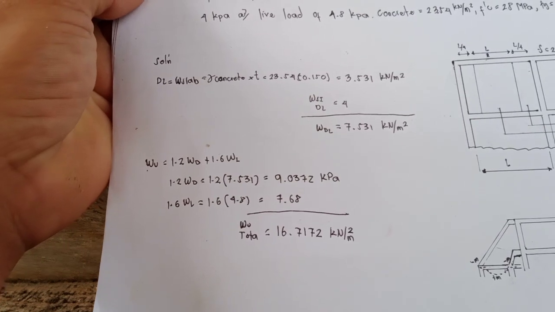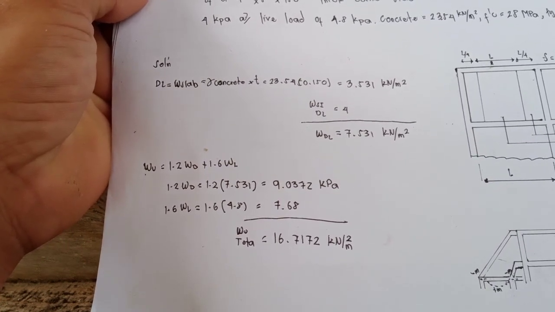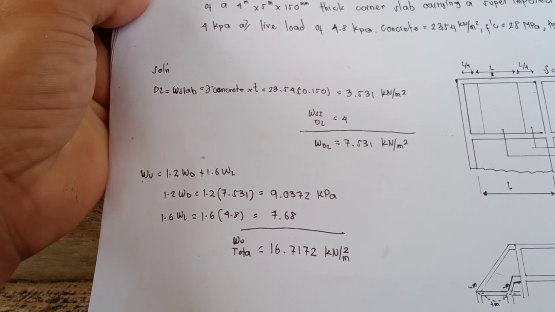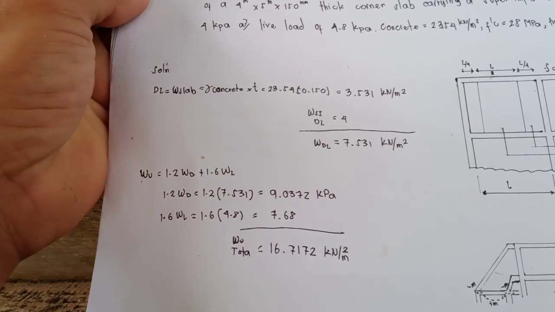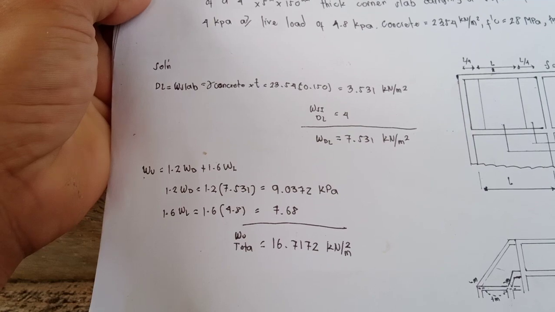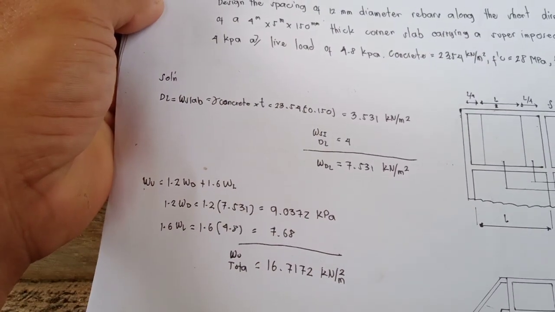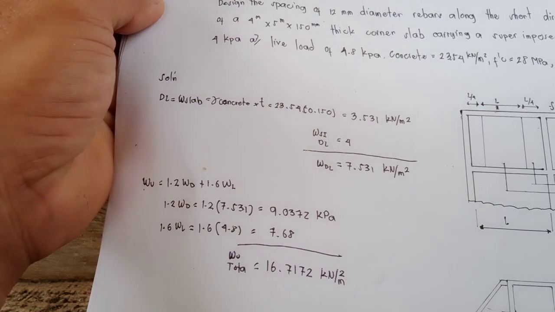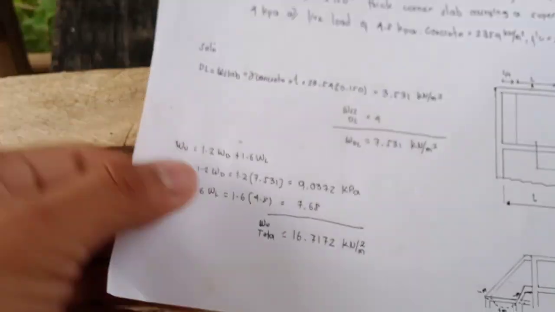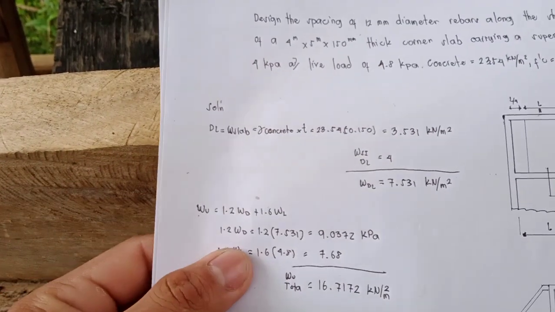According to NSCP 2015, our Wu, ultimate, equals 1.2 times the weight of dead load plus 1.6 times the weight of live load. So we can separate this to get the individual values.